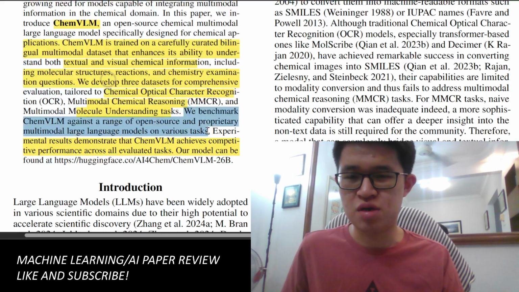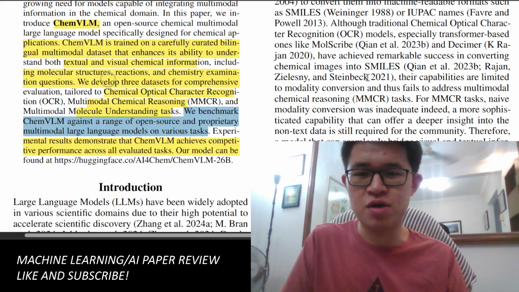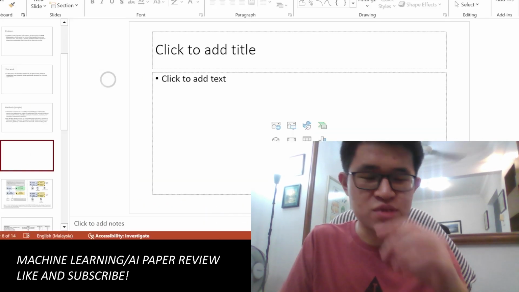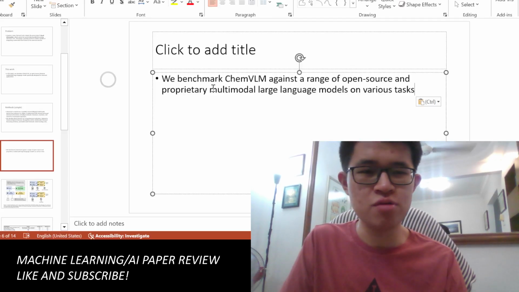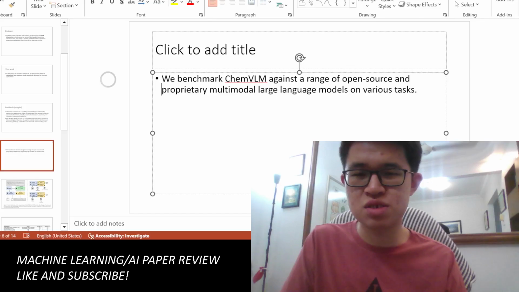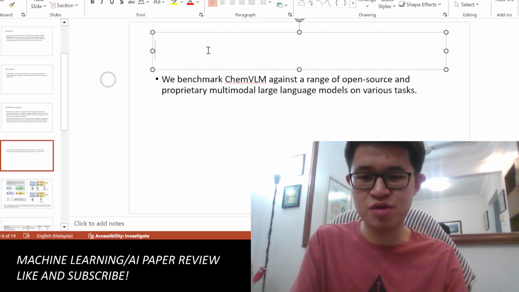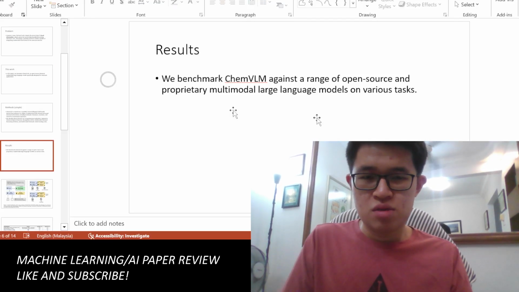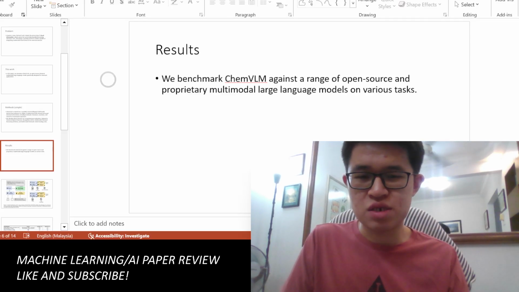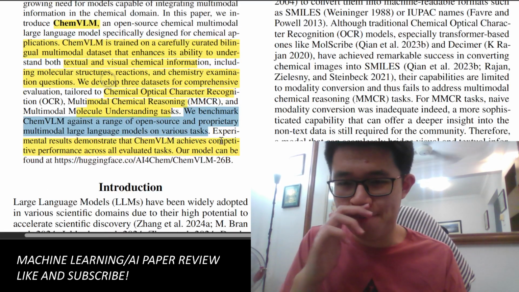The good thing about reading through the abstract is that it gives you an overview of the entire paper, so I can use it to guide my presentation. So that's the headings for the results.